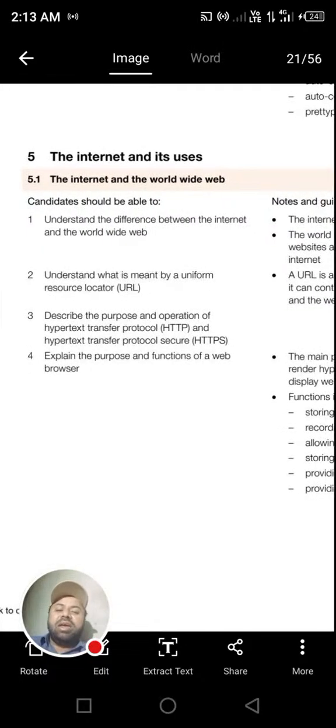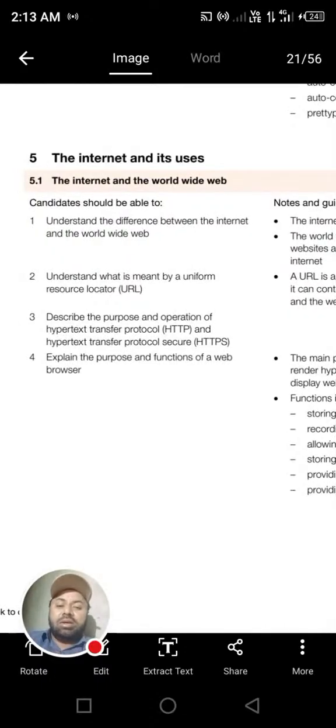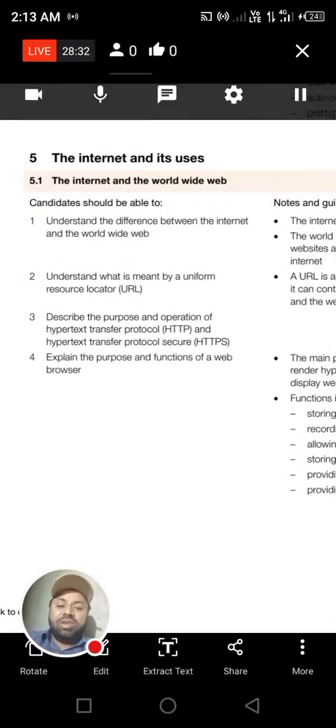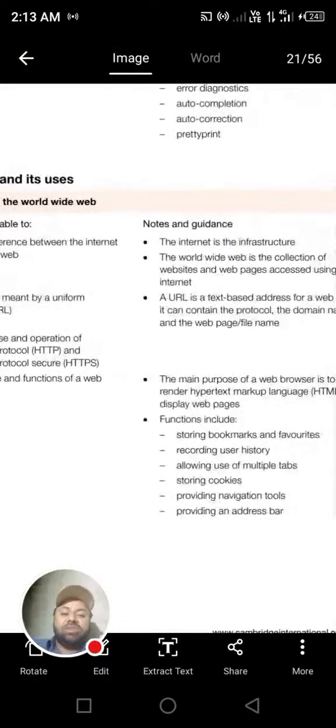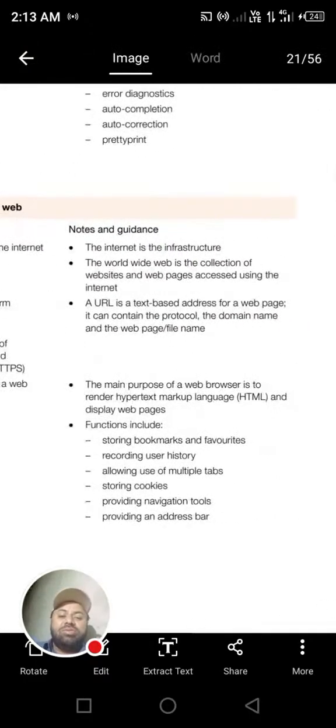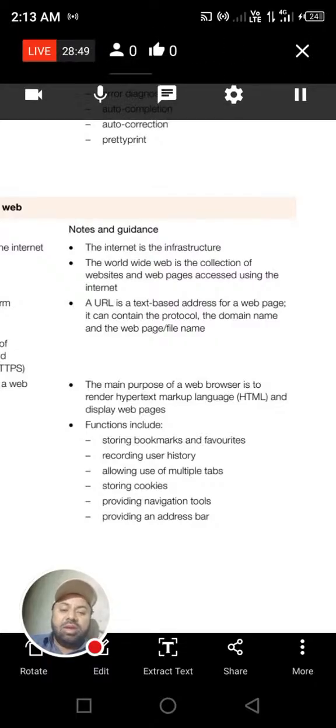Discuss the purpose and operation of the hypertext transfer protocol. It's a very important protocol, a set of rules for websites, and hypertext transfer protocol secure, HTTPS. The main purpose of a web browser is to render hypertext markup language and display web pages.